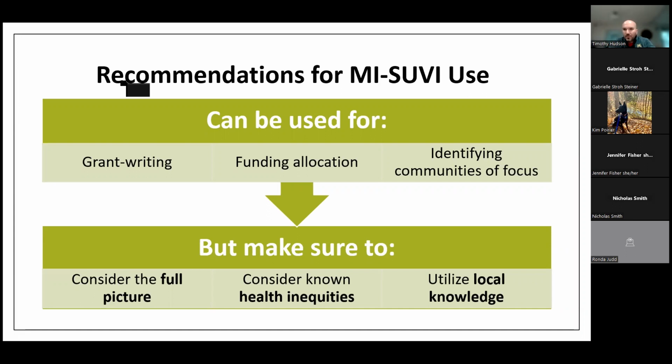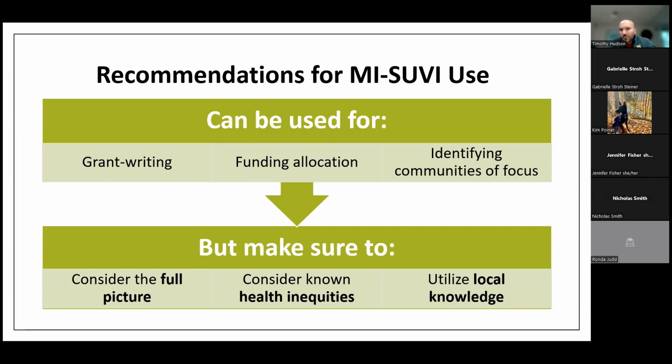Here are some use cases that we've identified the SUVI can be useful for, or that we've heard from our partners it's useful for. I think it can be really useful for grant writing, especially with all the different data components. There's a lot of pieces that you can pull out for your community. Alongside that, funding allocation, and identifying communities of focus where we can scale up interventions.